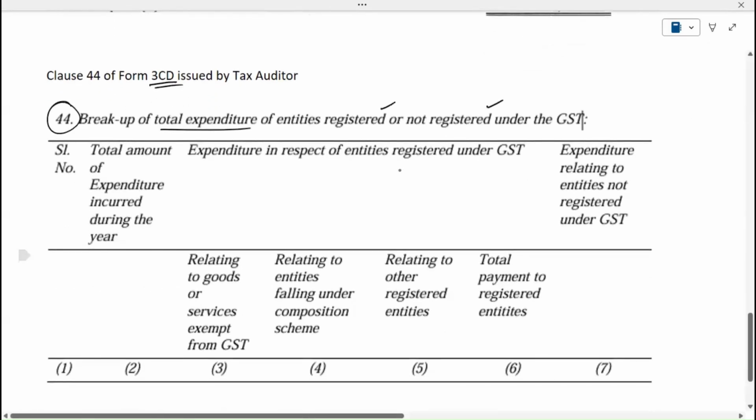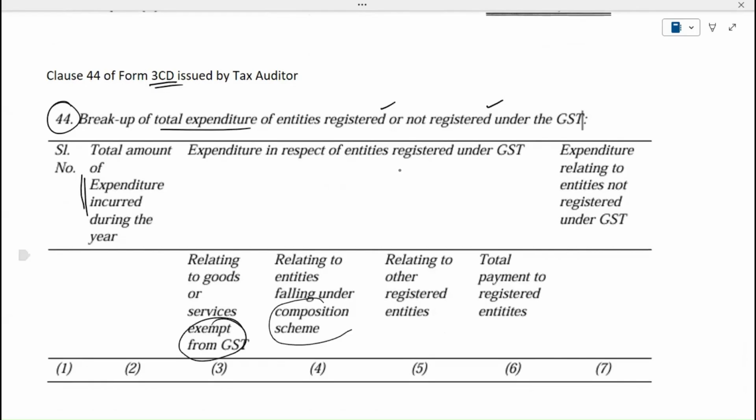So they want you to explain what is the total expenditure for the financial year on the debit side of the P&L account from goods and services which are exempt, which are from a composition dealer, which are from a registered person, and total payment to a registered person. Now, these heads of accounts are verified as per GSTR 2B.